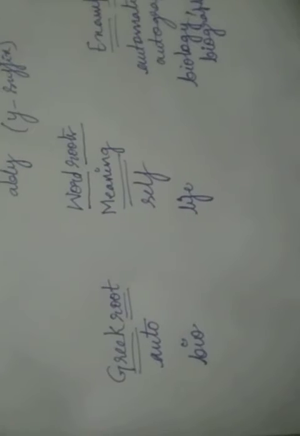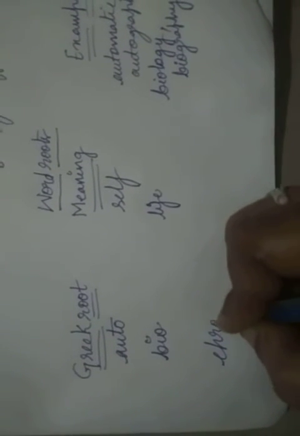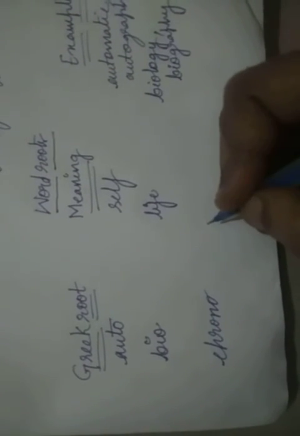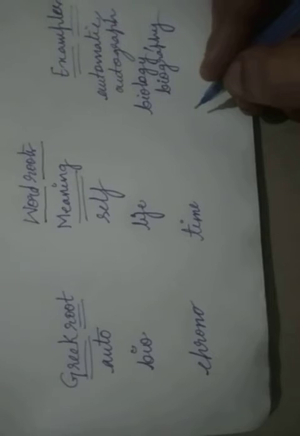Next, chrono. Next Greek root. All these are Greek roots because our English words are derived from Greek and Latin. So first I started with Greek roots. Chrono. Write it down. What is the meaning of chrono? Time. Write two examples over there. Chronology.